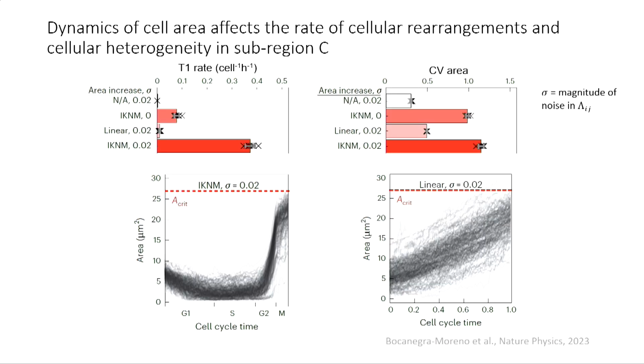Okay, and now the question was, which of these different factors, so I introduced noise, I introduced this cellular dynamics, which of those contribute mostly to observing this fragmentation? And also to this level of cell area variability, which is quantified here. So if you would have just noise at the low level, in this subregion C, there is no fragmentation.